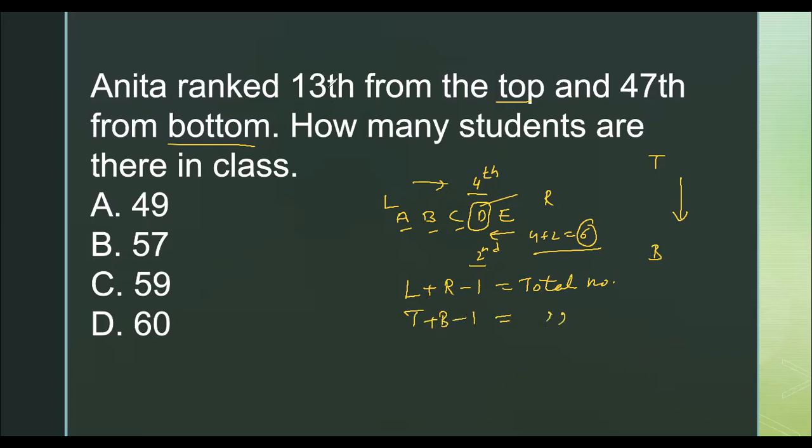Now in top we have 13, from the bottom position is 47, minus 1. So it will be equal to 13 plus 47, 60 minus 1. That will be equal to 59. So 59 will be the correct answer. This is the formula, dear children, which you can use very easily, and it will help you solve these questions in seconds only.